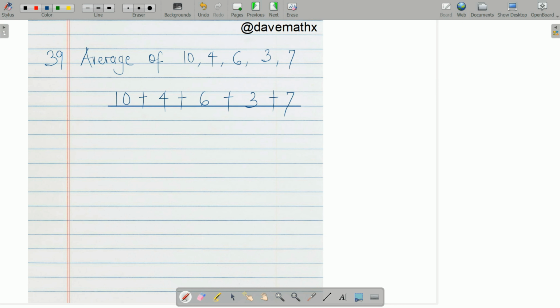To find the average of 10, 4, 6, 3, 7, we need to add all of them and divide by the total number available. In short form, addition of all numbers over total numbers available.